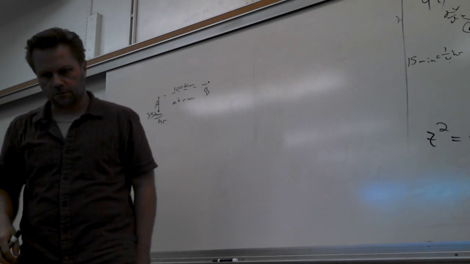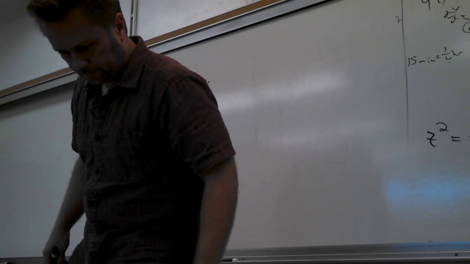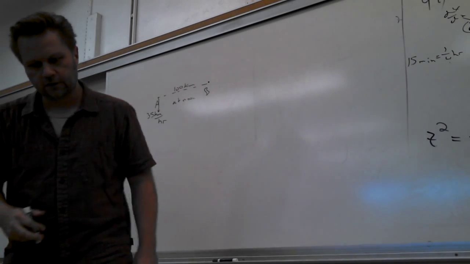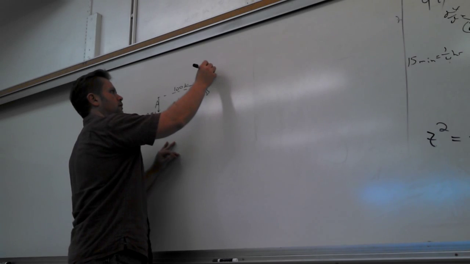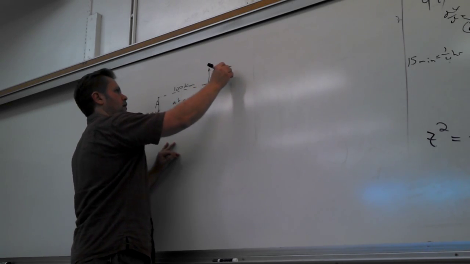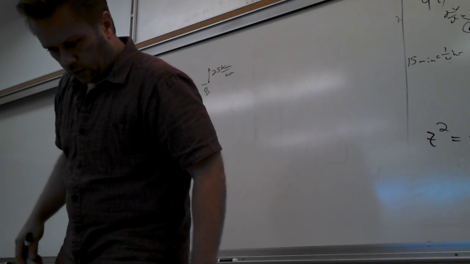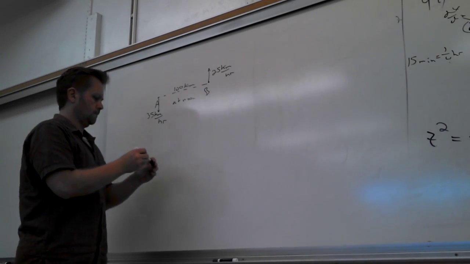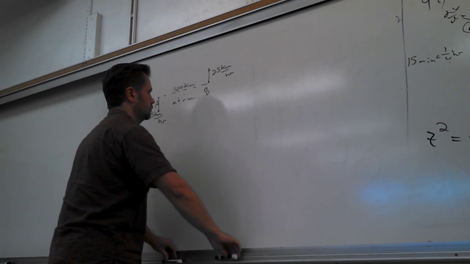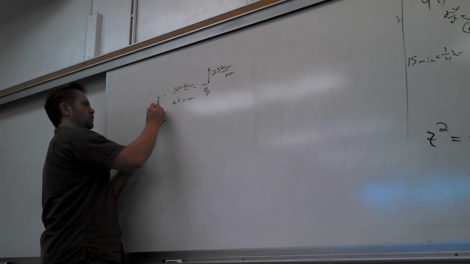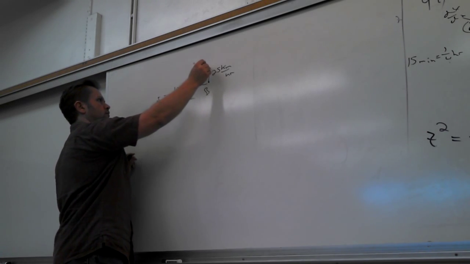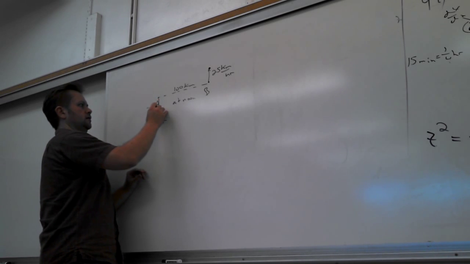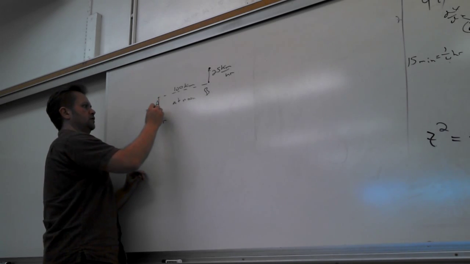B is sailing north at 25 kilometers an hour. How fast is the distance between the ships changing at 4 p.m.? So this is some arbitrary position after some time, and this is the distance I'm really interested in here, right?